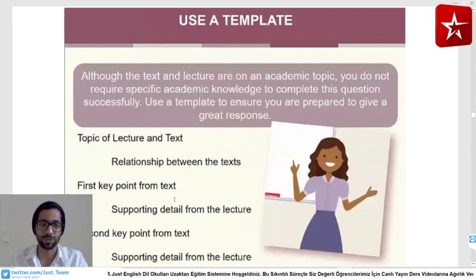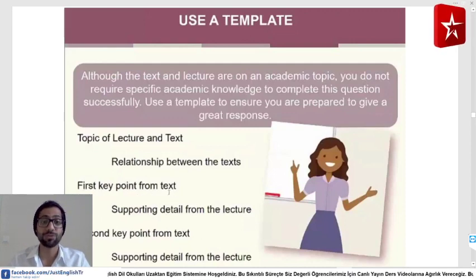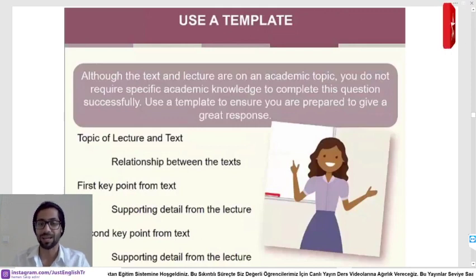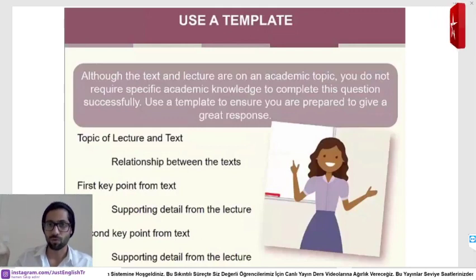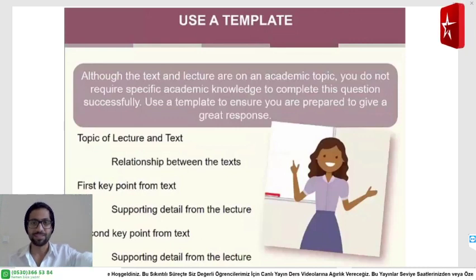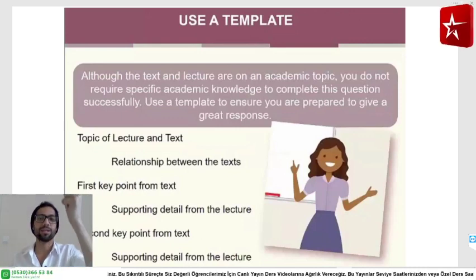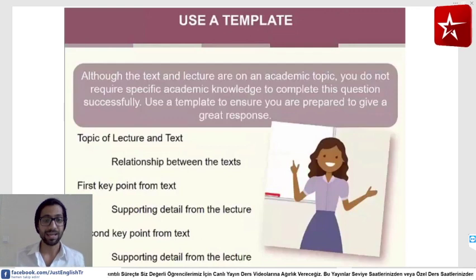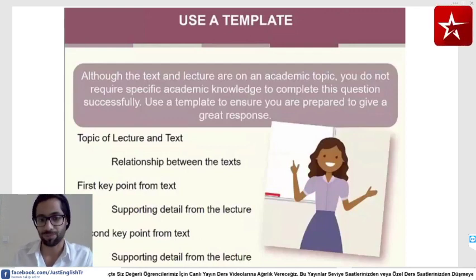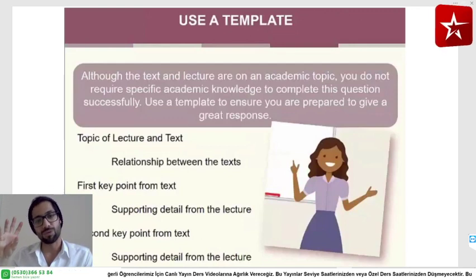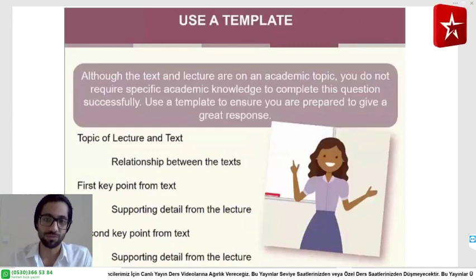What is the relationship between them? The first key point from the text and the supporting details from the lecture. Okay, so now the multitasking works. You need to organize the text that you read of 100 words. You're taking the key points and the supporting details from the lecture. The second point is from the text and the supporting detail from the lecture.